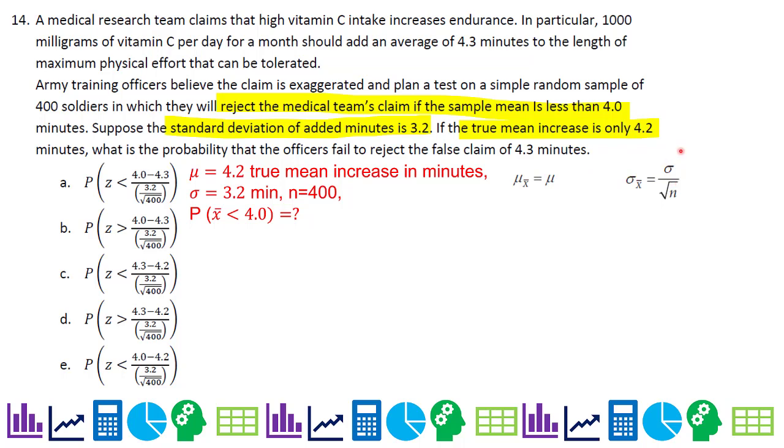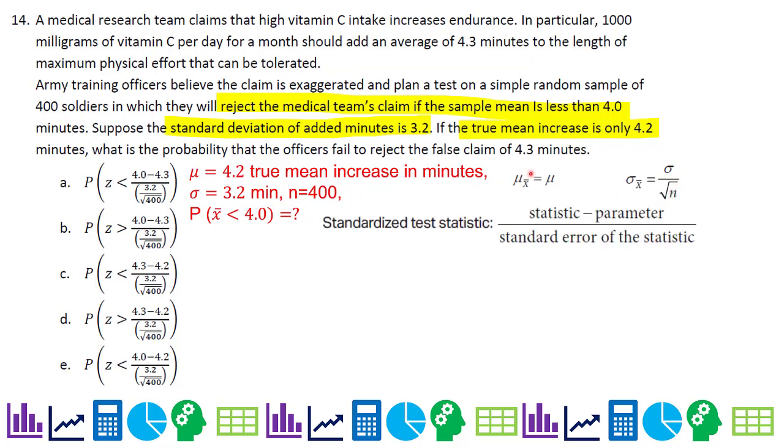And then I just have to adjust my sigma for the sampling distribution, so I divide by the square root of the sample size, the square root of 400. Then I can substitute in my statistic. They're saying they're going to reject if it's less than 4, so the 4 goes here, the 4.2 goes here, and then we use this formula for the standard error, which gives us that. So it would be this one right here.